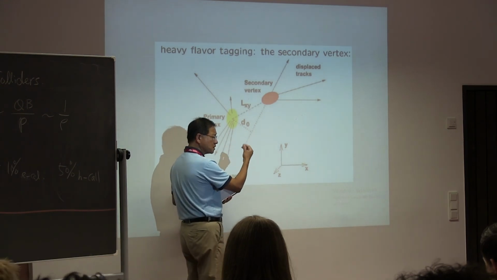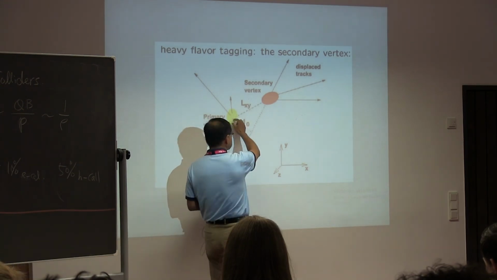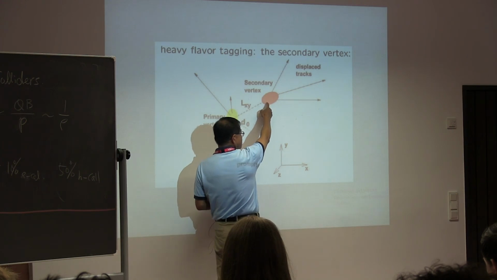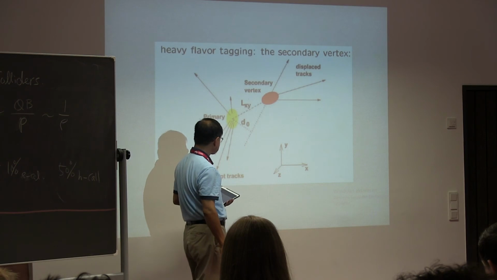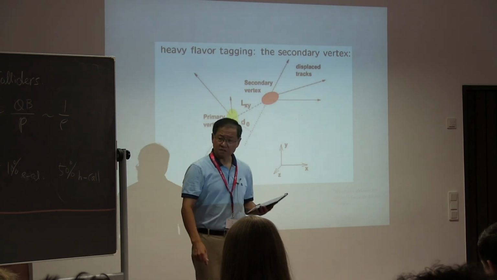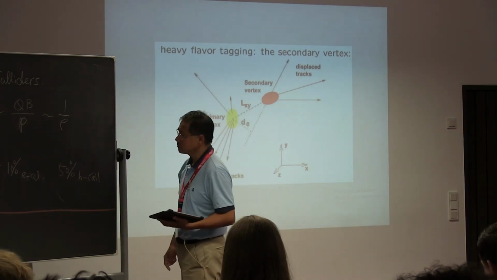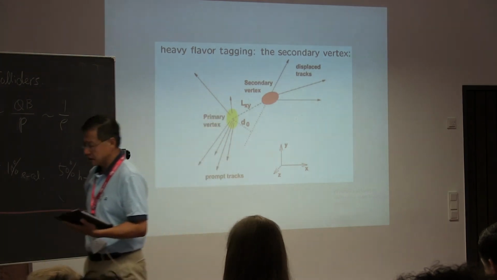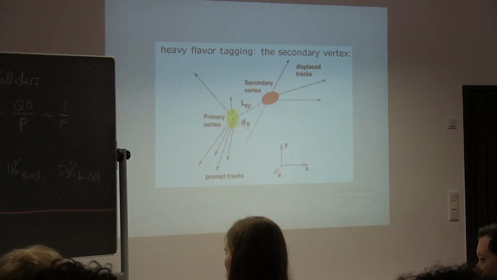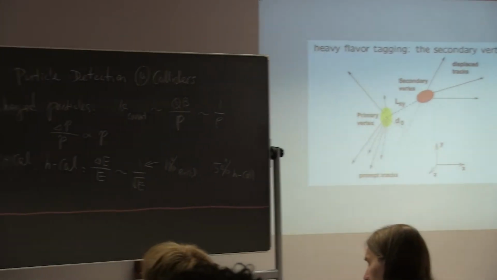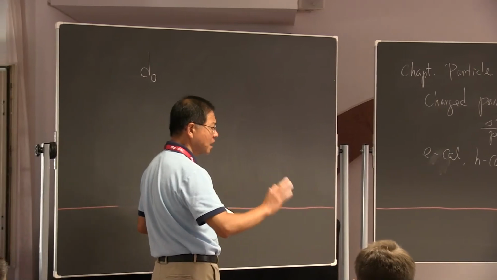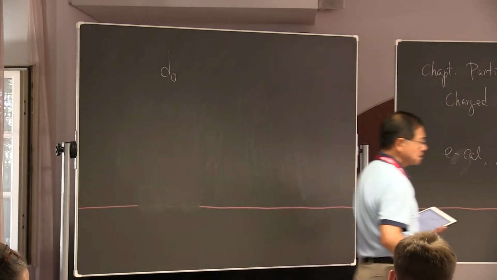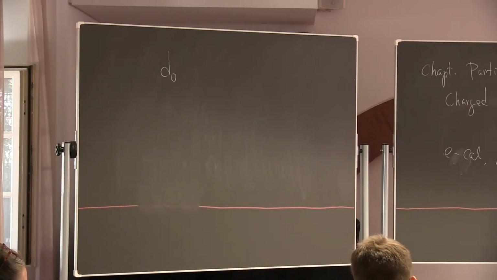If the B meson altogether forms this one, it moves to some distance, almost like microns. In fact, the resolution so far, I think it's better than that. When the LHC started, the resolution to resolve this secondary vertex, the secondary vertex is where the particle decays. The reason you can do the secondary vertex is that it decays to some charged tracks.